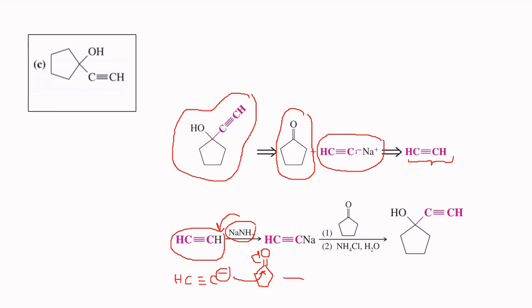After that, this compound will give O minus, and then here is this CH part. So when we have ammonium chloride, this O minus will abstract one proton from the ammonium chloride and will give you a tertiary alcohol.